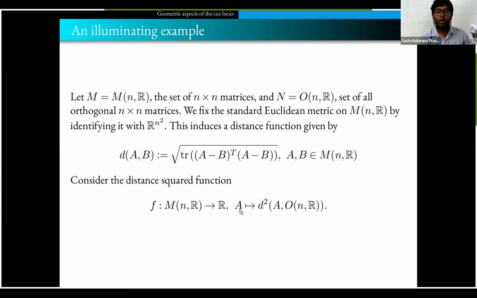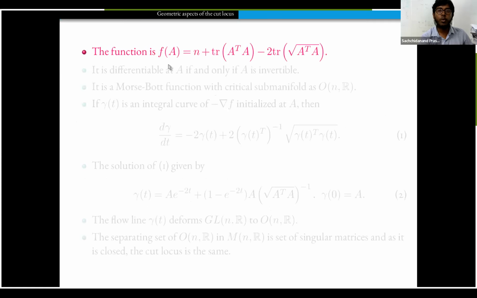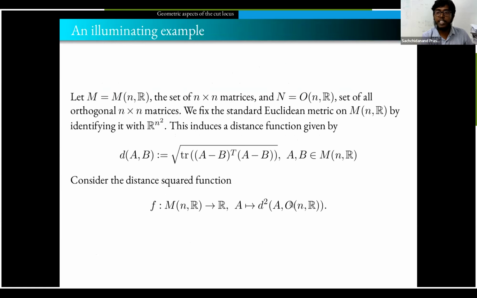And now let's see what the properties of this function are. One can show that this function can be explicitly written as n plus trace of A transpose A minus 2 times trace of the square root of A transpose A. And while expressing this, one can also observe that if A is non-invertible, then this distance can be achieved by more than one matrix.